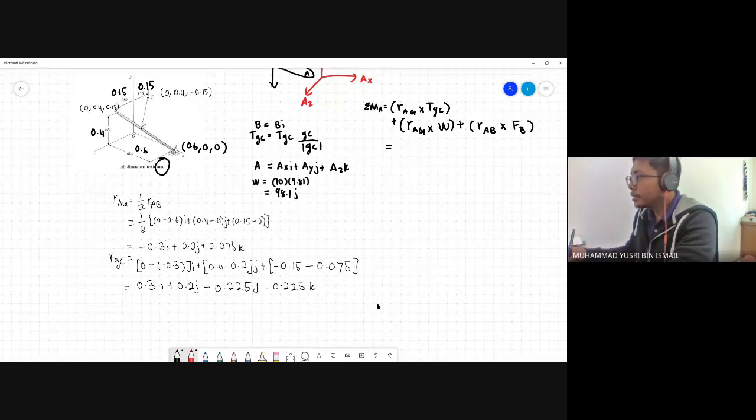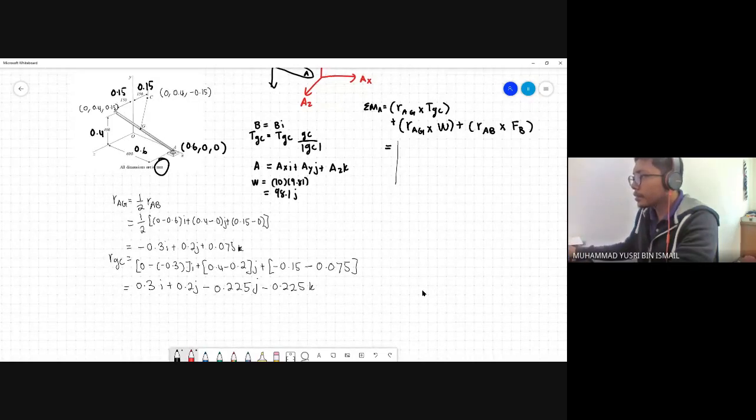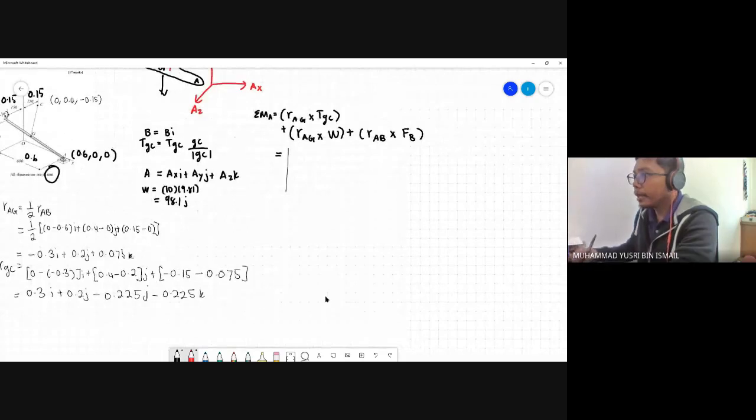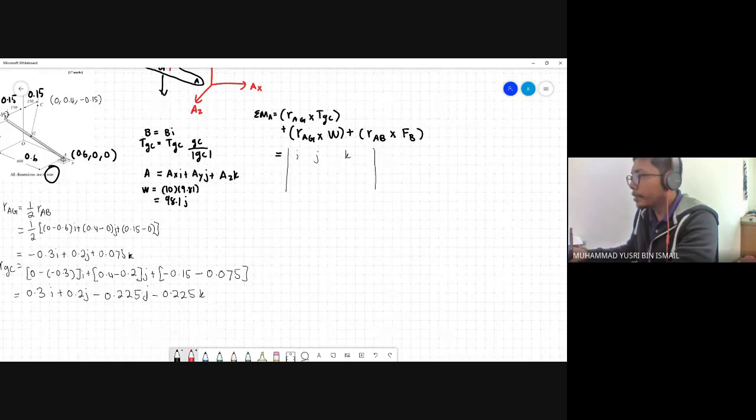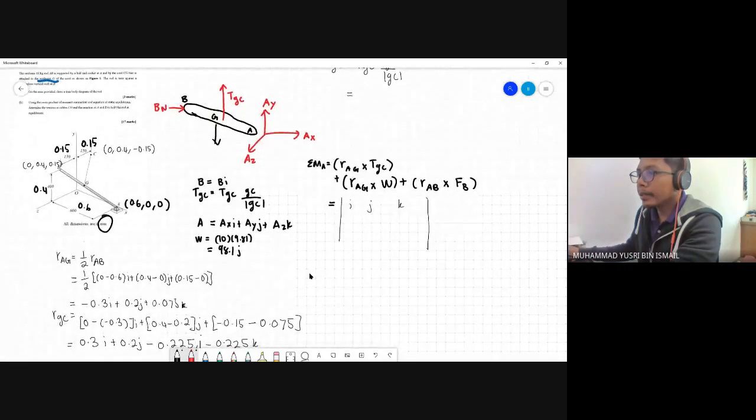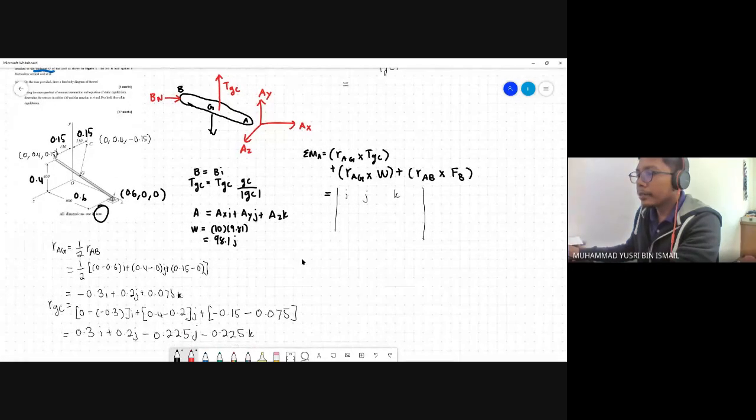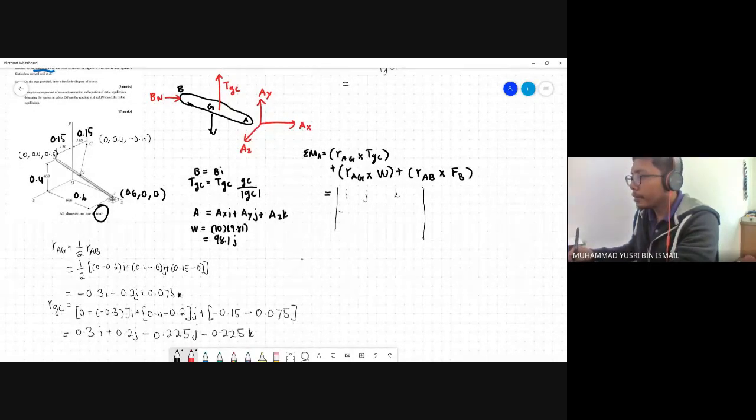So RAG, okay, this is I, J, and K. Okay, RAG will be negative 0.3, 0.2, and 0.075.